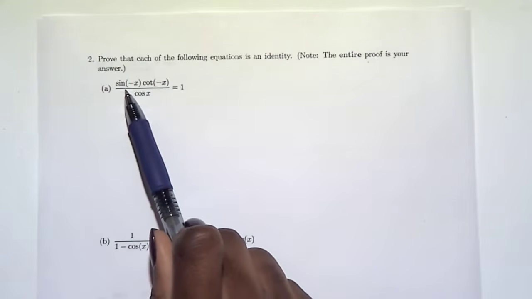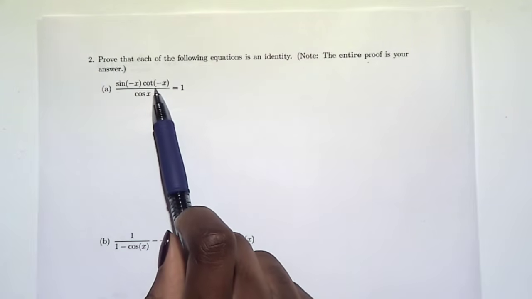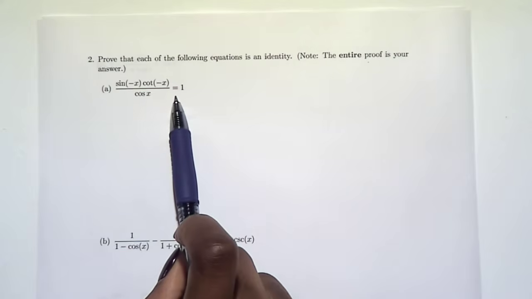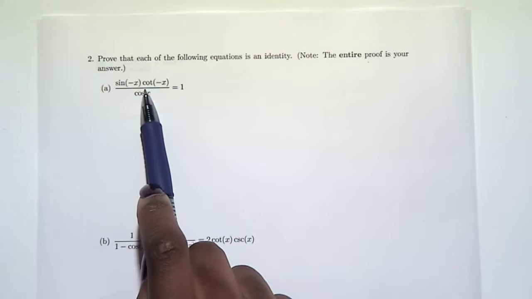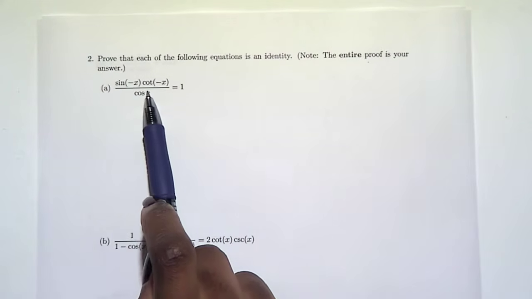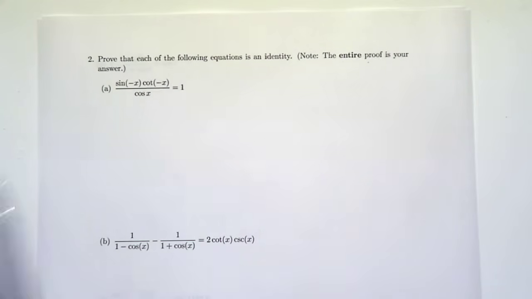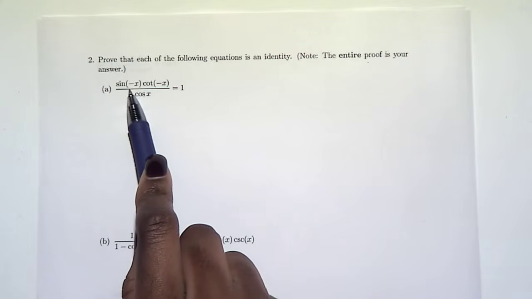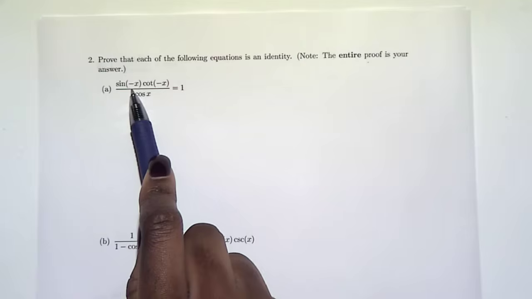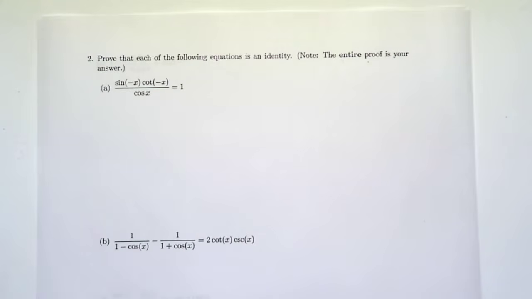The first one: sine of negative x times cotangent of negative x over cosine of x equals 1. So let's work with this. I like to start with the left side, which is usually the most complicated side. See if we can simplify this and make this equal to 1. The first thing that stands out to me is we have negatives inside of our function, so we're going to use our even and odd identities.